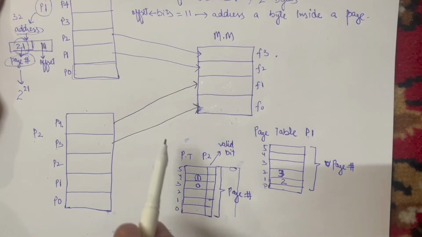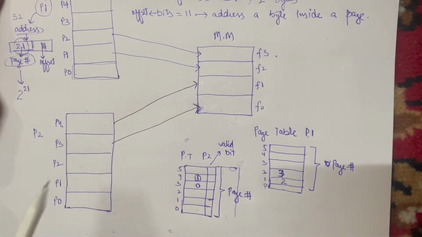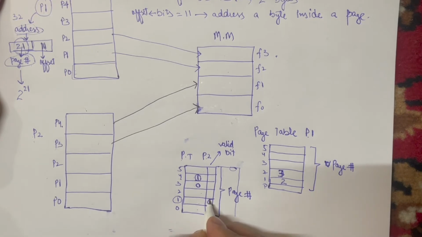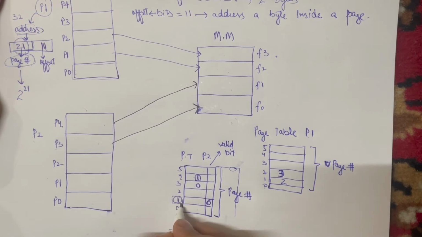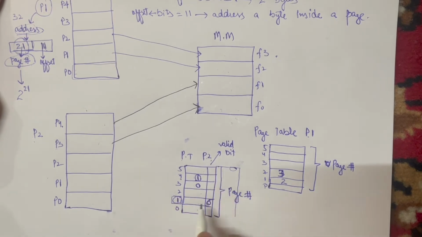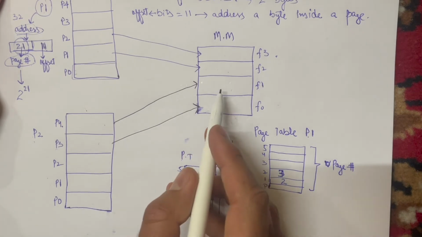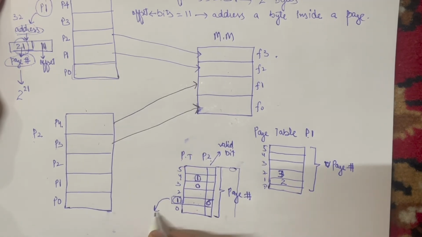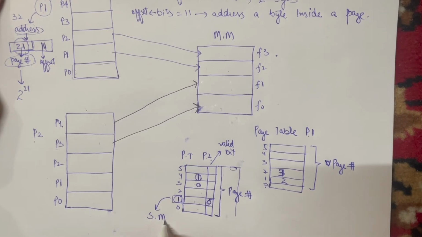Not valid means that the page, for example, this particular one, here we have no data, so its valid bit will be 0. Okay, valid bit 0 means that this particular page, page 1 of process P2, is not mapped into the main memory. So that means this particular page is in the secondary memory.